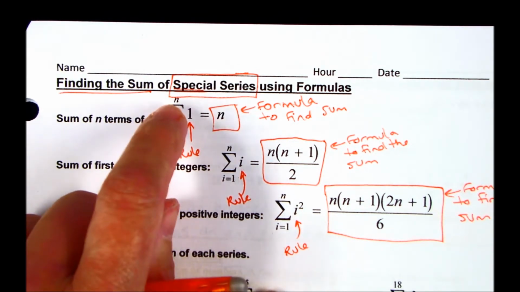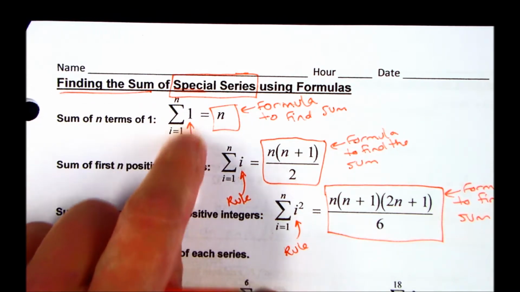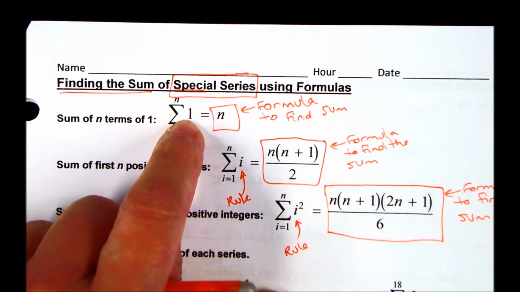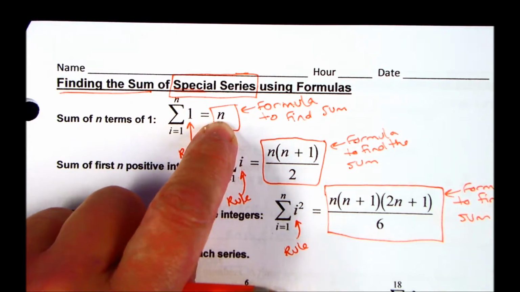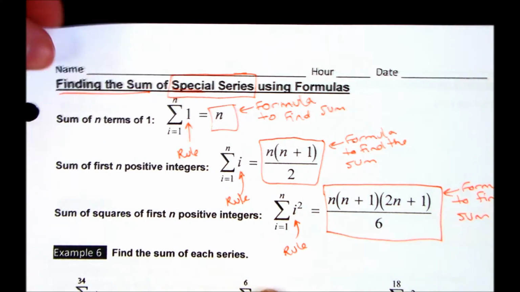So whatever number you have here as your upper limit, if your rule is just 1, which means your output for every input value is 1, the answer, or the sum, is the same as your upper limit. It's going to equal your upper limit.